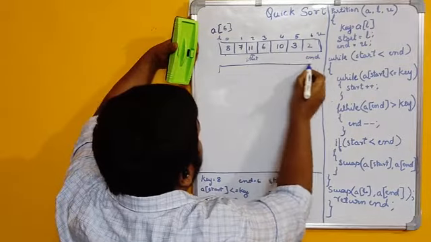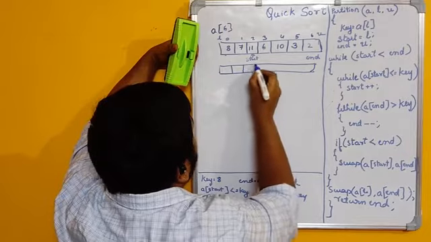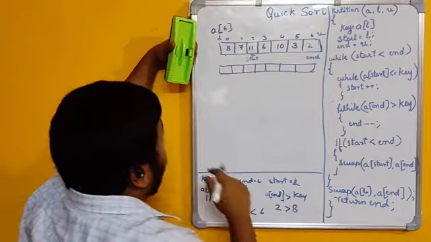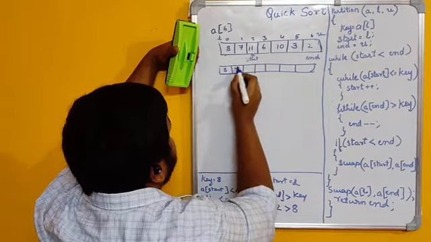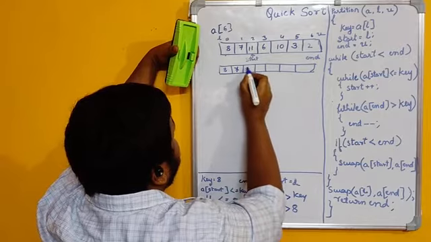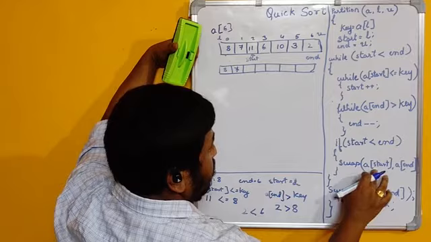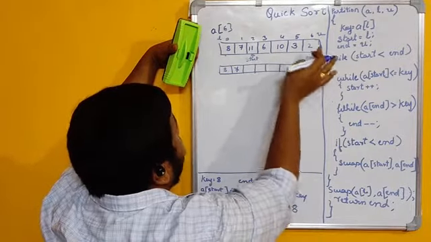So our array will be now 8, 7. 11 is swapping: we have to swap A of start and A of end. Start is here, so A of start should go here, A of end should come.